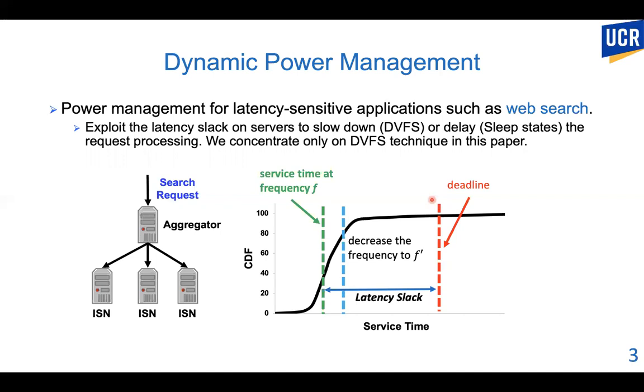However, ISN servers are typically lightly loaded, and the query service time is much smaller than its deadline. To save power, DVFS or sleep state techniques exploit this kind of latency slack to slow down or delay the request processing and finish its work just in time. In this paper, we concentrate only on the DVFS technique.